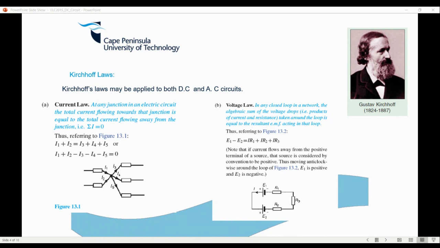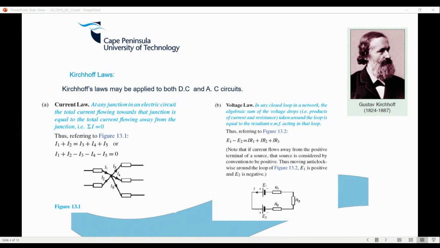E1 is flowing from positive to negative. It goes around, but then you have another battery there, E2, which opposes that flow. So we say negative E2, and of course that's all going to equal the individual resistances over there.